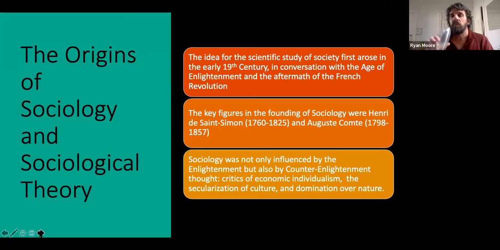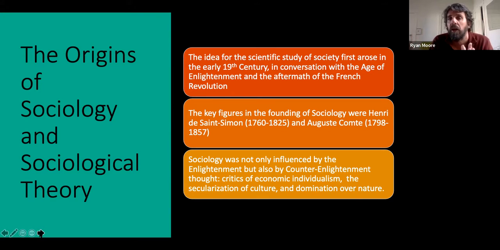So finally, we get to sociological theory. And it comes out of this context, in conversation, especially as we'll see, with the Age of Enlightenment and the aftermath of the French Revolution.